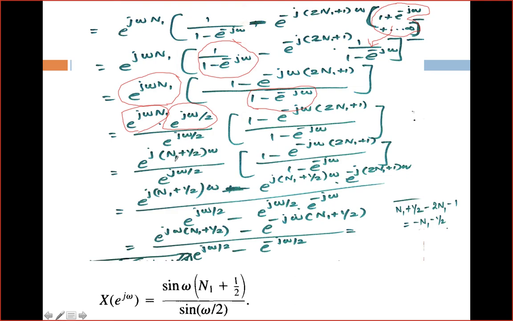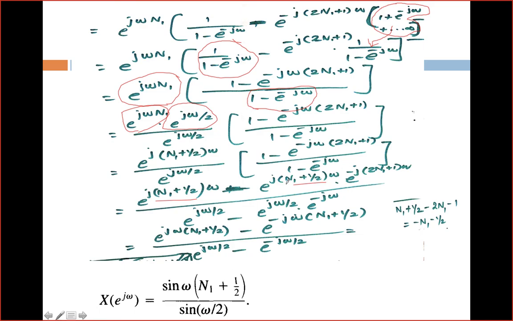After combining these two exponentials, I am multiplying this exponential inside the bracket. When I multiply inside the bracket, I will get e power j (n1 plus 1 by 2) omega minus e power j (n1 plus 1 by 2) omega into e power minus j (2n1 plus 1) omega.